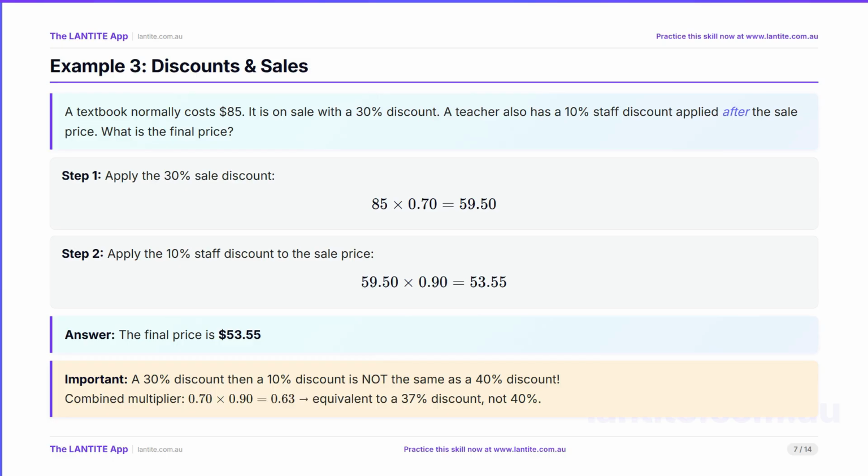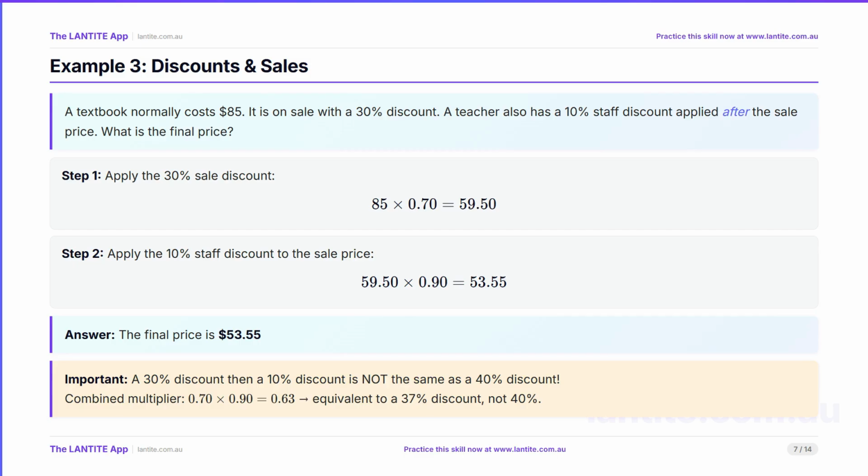This example combines two successive discounts, which is a classic LANTITE trap. A textbook costs $85 and has a 30% sale discount. The multiplier for a 30% decrease is 0.70. So 85 times 0.70 gives $59.50.